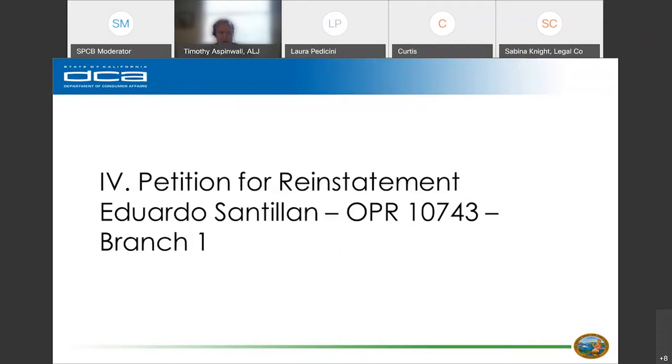I am the administrative law judge who will be presiding at this hearing, though the board members will be the decision makers. The roll call has been taken, and there is a quorum of board members present.